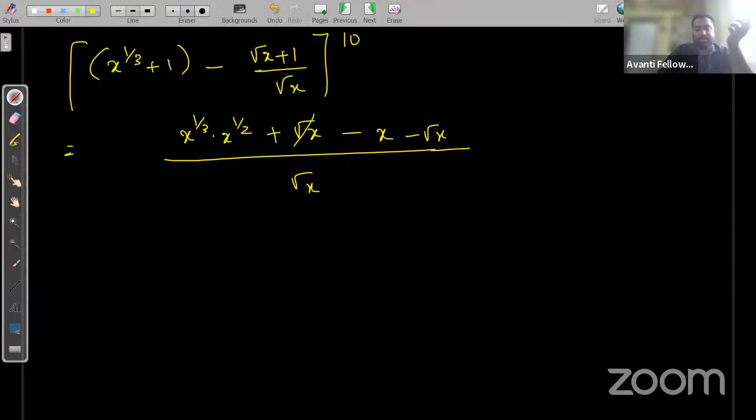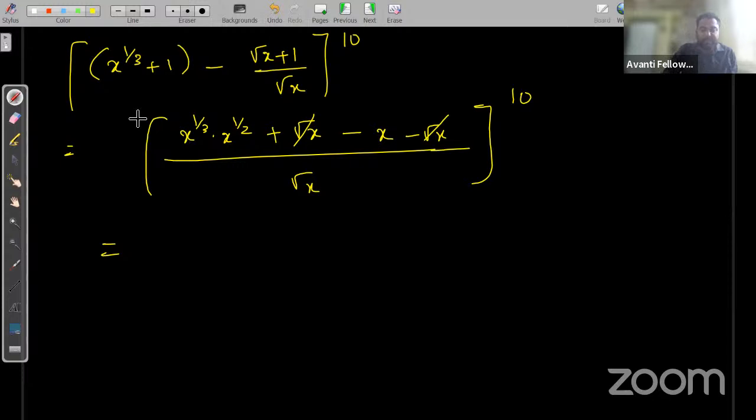Okay, so minus root x will be cancelled out, whole to the power 10, and x to the power 1 by 3 into x to the power 1 by 2. So what will happen? 1 by 3 plus 1 by 2, 6, 2 plus 3. So x to the power, this will be x to the power root x, yes. So what will happen?